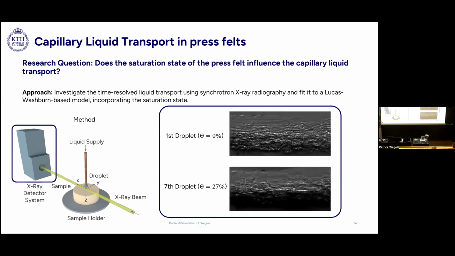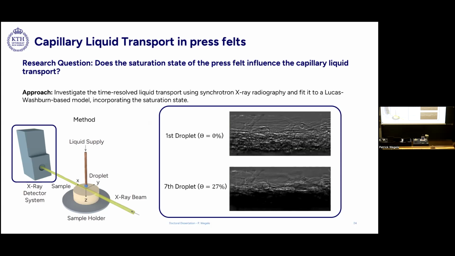If you apply more and more droplets, you will end up increasing the saturation until you, for example, arrive at droplet 7, where you already have around 27% of saturation. You again release the droplet. It will go down, reach the press felt, at some point burst, and after the burst, redistribute in the base of the press felt. You see, the process of redistribution is way faster here than here. So that already gave us an idea that there is a difference that is dependent on the saturation.